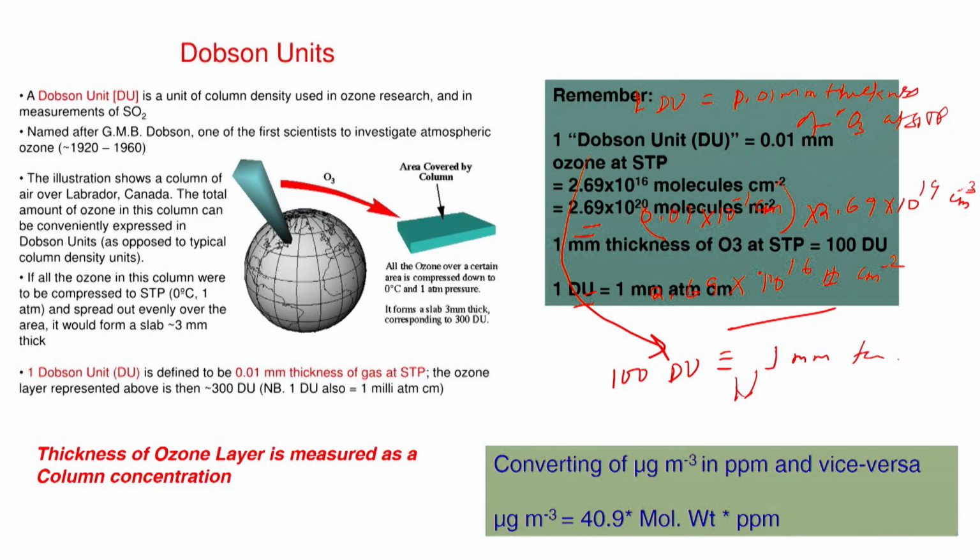Then, if you are talking about gas to gas, one more thing you have to remember: if you have to report the concentration of any gas species X in microgram per cubic meter, you just remember this: 40.9 into the molecular weight of the compound into its concentration in ppm. This is very important. Just remember this equation.